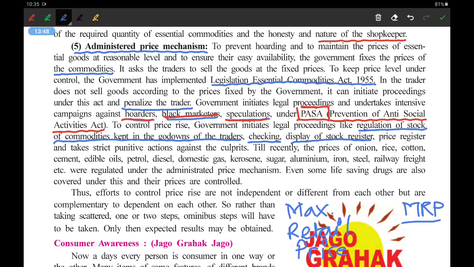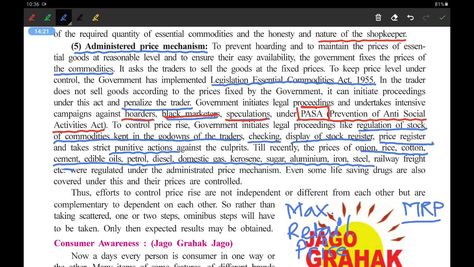When you go to a petrol pump, you might see a board on which day-to-day data of how much petrol or products are kept is written. Okay, what prices will be affected, all things are mentioned on it. Then the price register is also kept, and strict punitive actions, meaning strict punishment, are taken if it is not followed properly.